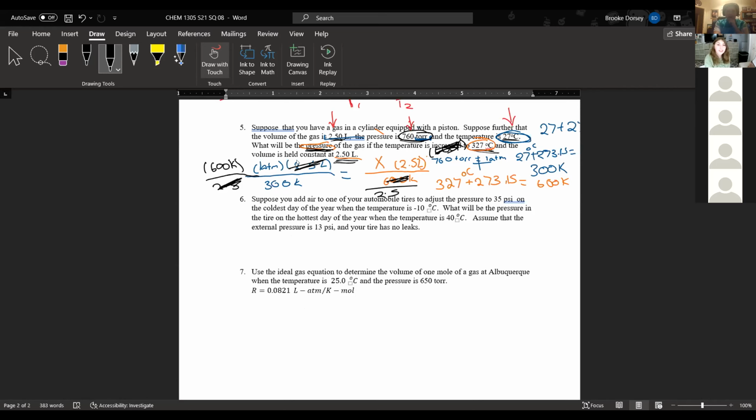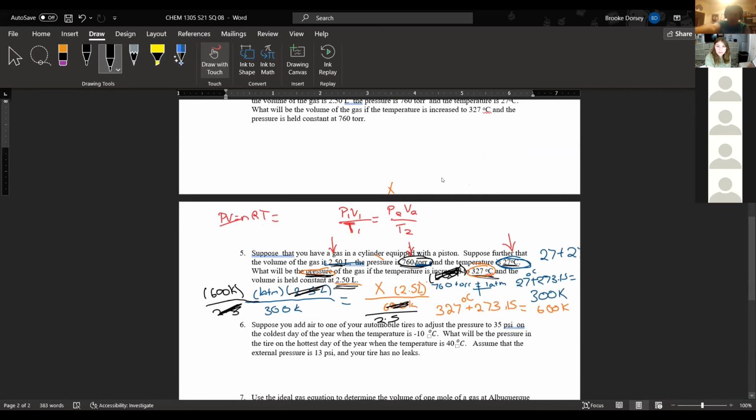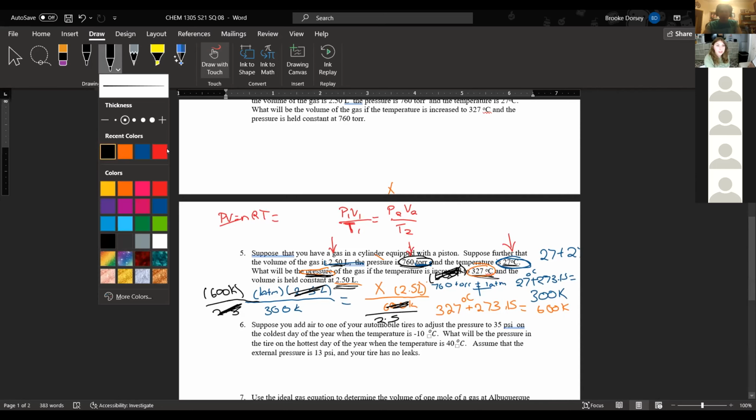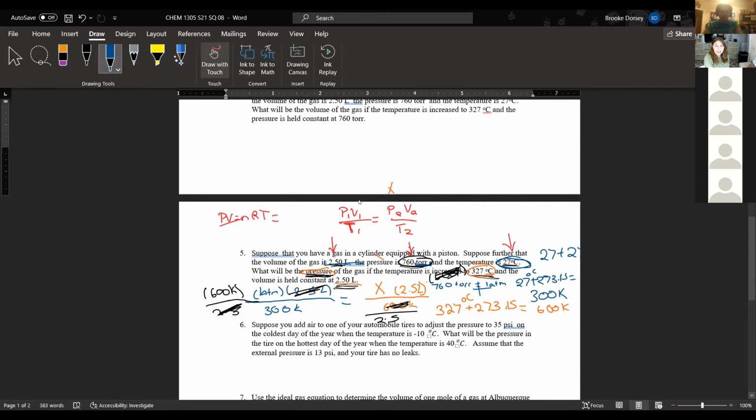Quick question. You did say that the one you like to use, the P1 V1 over T1, works with almost everything, right? Yeah, I like it because it's good to work with when you don't have to worry about things like moles. In number 5, they didn't give us a specific gas, like nitrogen, which might be a hint that you need to find its moles.